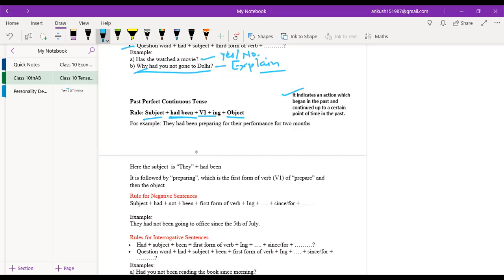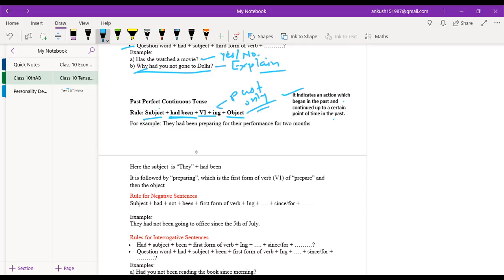It indicates an action which began in the past and continued up to a certain point of time in the past. It was actually started in the past. It was continued up to a certain point of time, but it was continued in the past only.